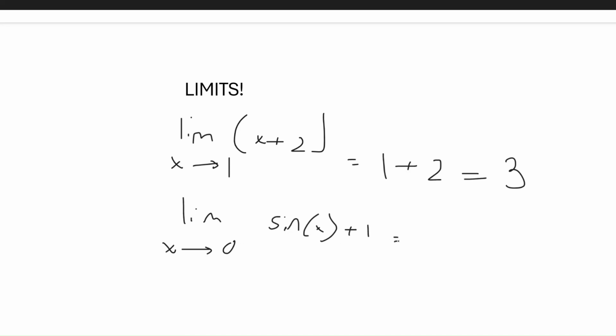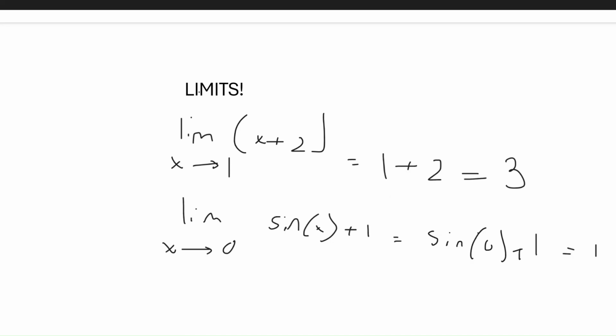So can it work with trig as well? It turns out it can. So if we plugged in 0, we'd have sine of 0 plus 1. We know that sine of 0 is 0, so 0 plus 1 is 1. Okay, so that works that way as well.